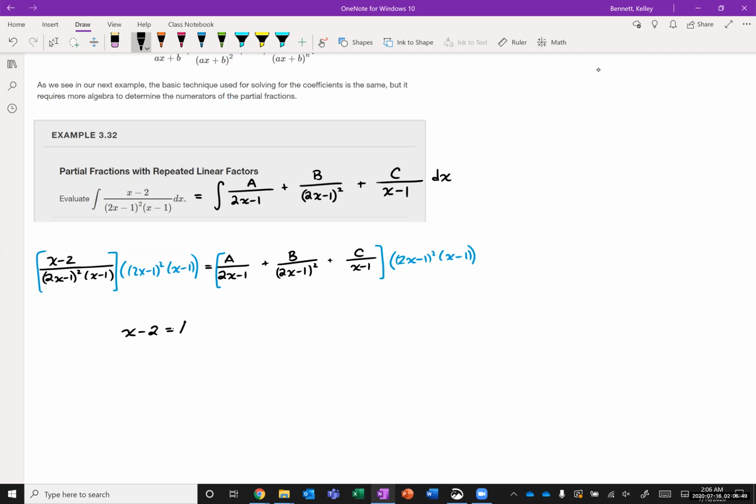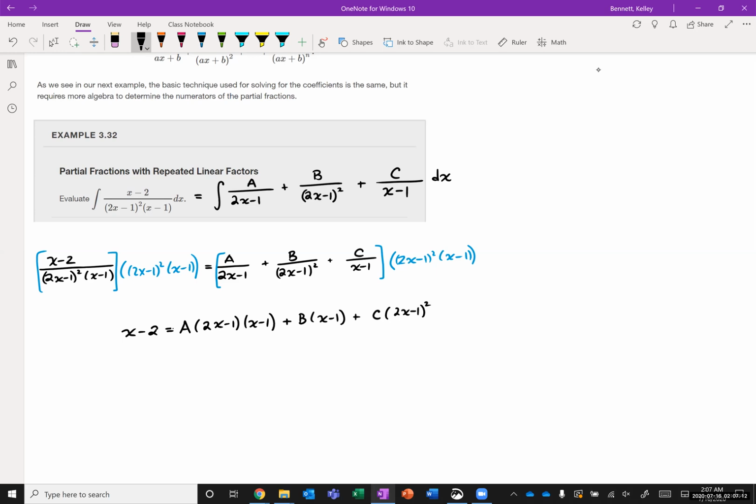So I get a times 2x minus 1 by x minus 1. And b, its denominator kills both copies of the repeated linear term. So I only get b by x minus 1. And then for c, that's pretty straightforward. I get 2x minus 1 squared.